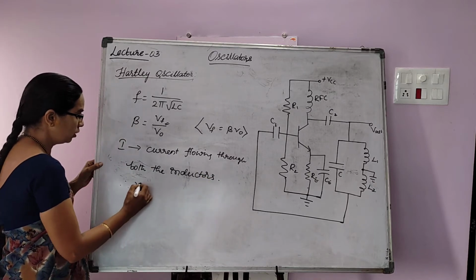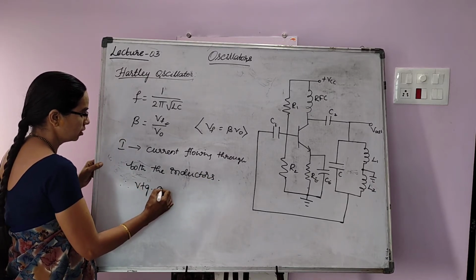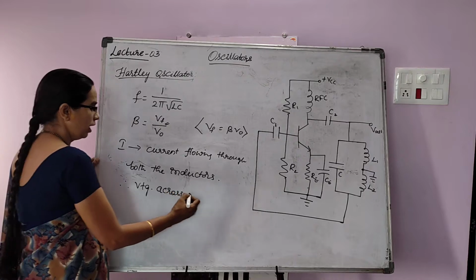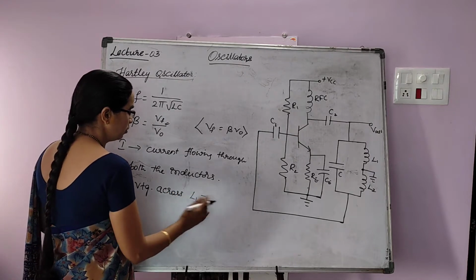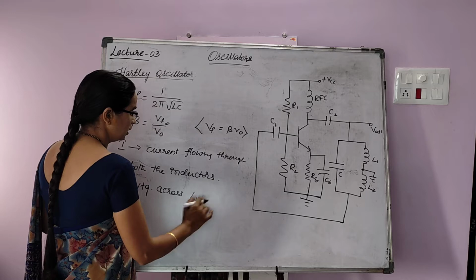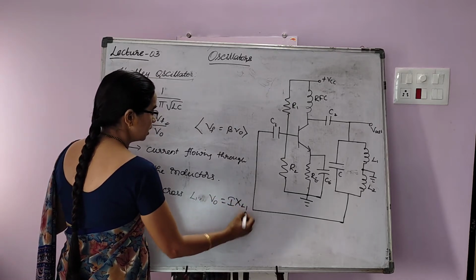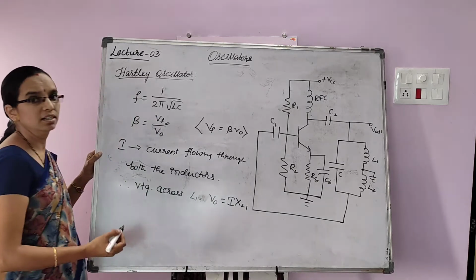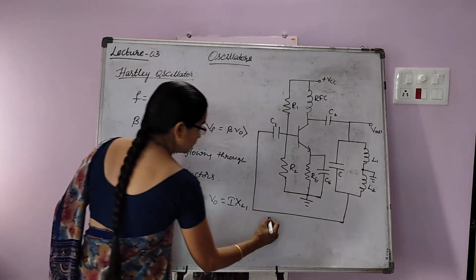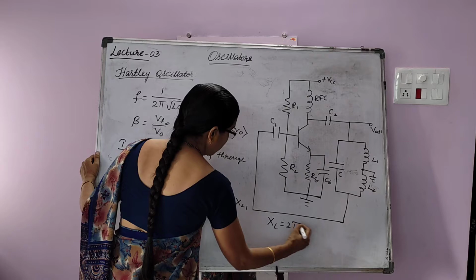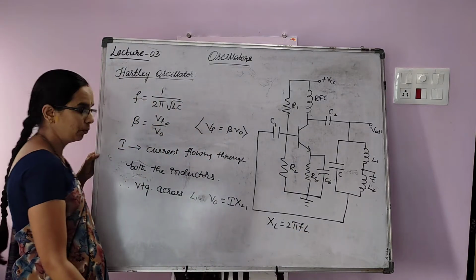Therefore, the potential across L1, that is our output voltage, is I into XL1. XL is the inductive reactance, that is XL is equal to 2 pi FL, that we already know.